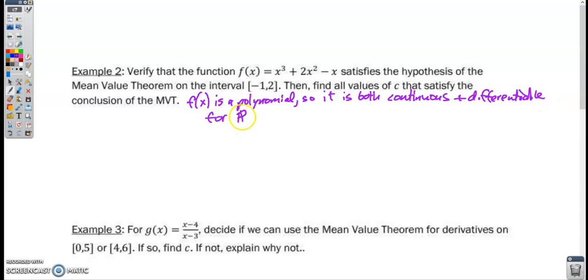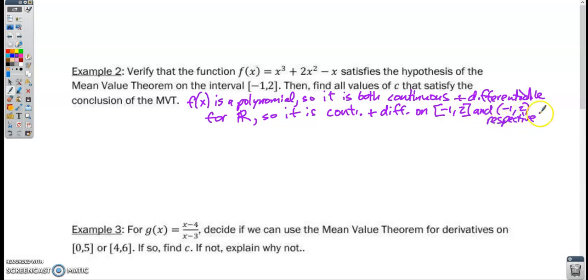So it is continuous on the closed interval from -1 to 2 and differentiable on the open interval from -1 to 2, respectively. So it meets the hypothesis of the mean value theorem.